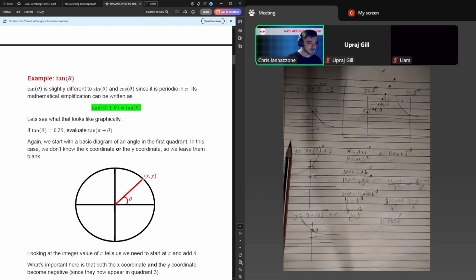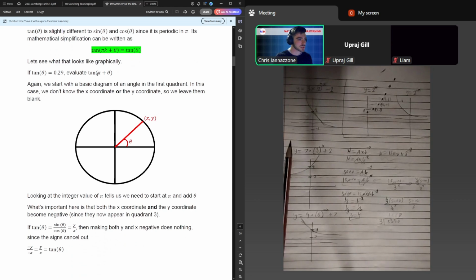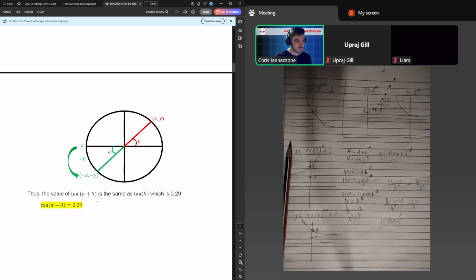For tan, slightly different. We know that tan is periodic with pi instead of 2 pi, so any multiple of pi will get you there. So for instance, if we do tan of pi plus theta, that means start at pi and then add theta, which looks like this. Start at pi and then go forward by an additional theta. From here, we need to consider what quadrant we end up in.